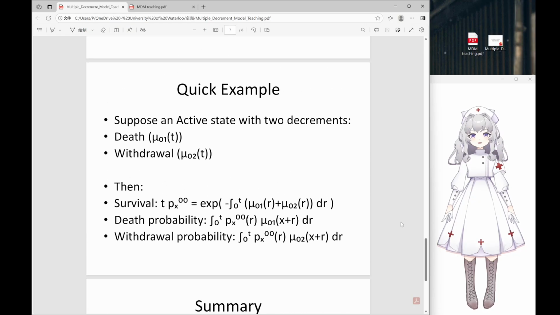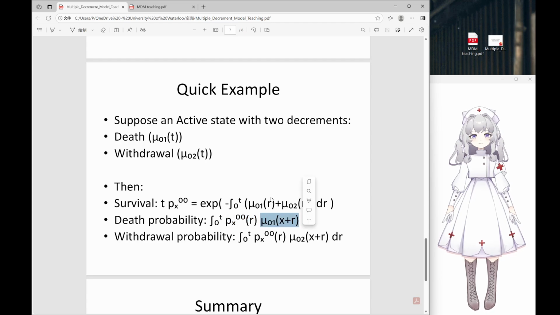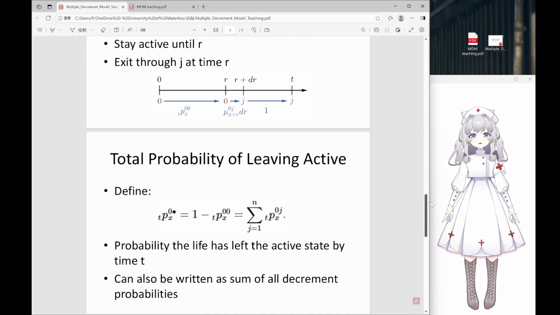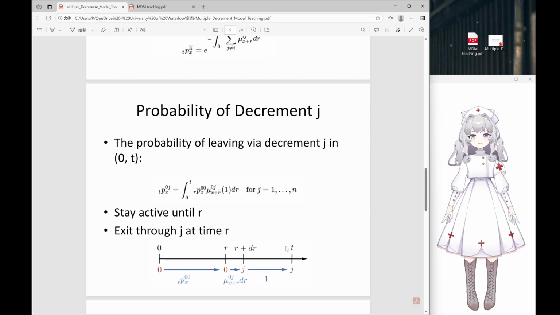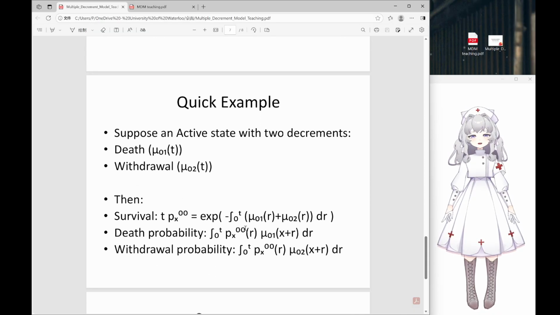And for tpx^{01} and tpx^{02}, we have their probabilities, multiply them with the forces of transition, and simply integrate like we did here. So this is basically how we get these formulas.